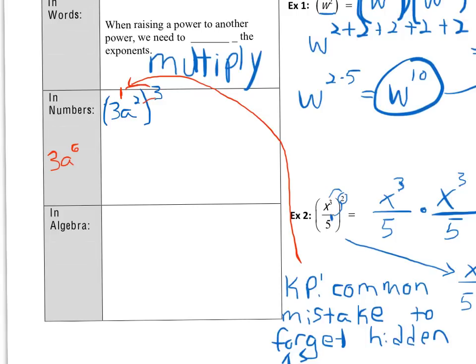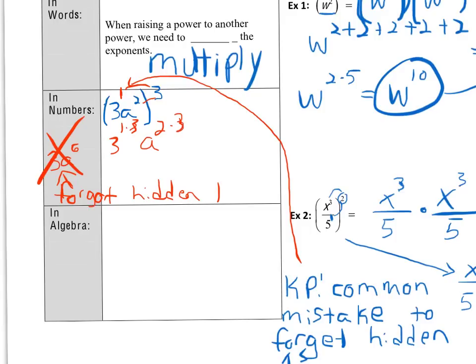Which turns into 3 to the, so cross that thing out, and just put a note: forgot hidden 1. So this would be 3 to the 1 times 3, and this would be a to the 2 times 3.